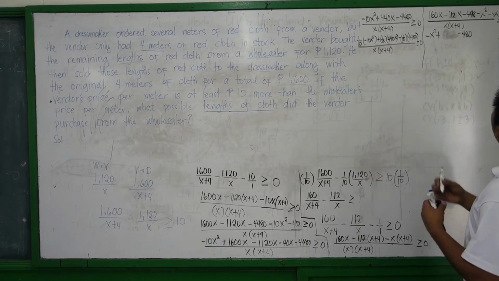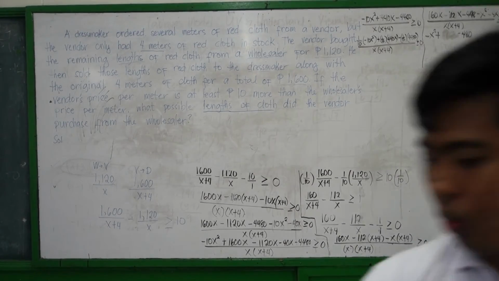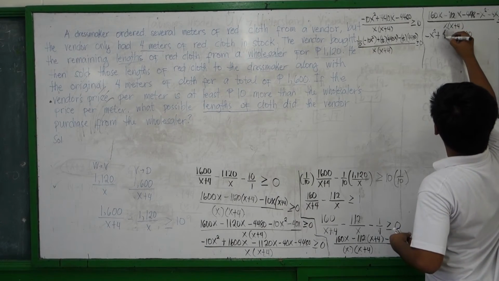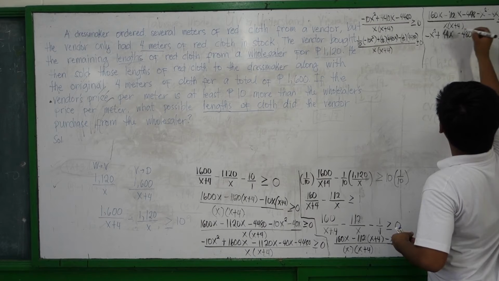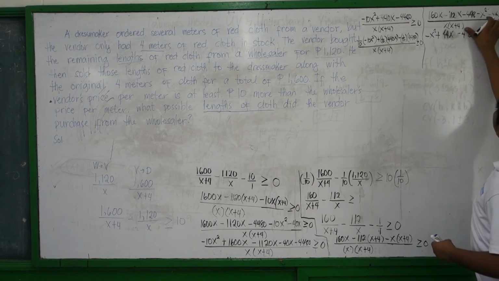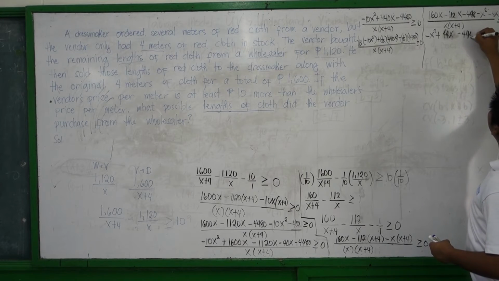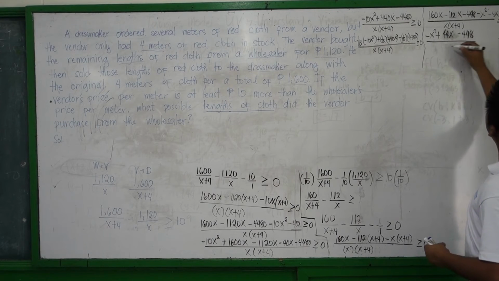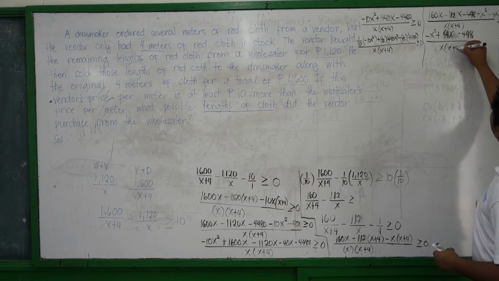So here, 160x minus 112x minus 4x. That's 44x. Then 44x minus 480 minus 448, all over x times x plus 4.